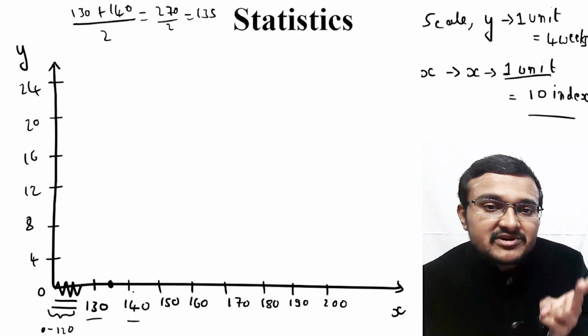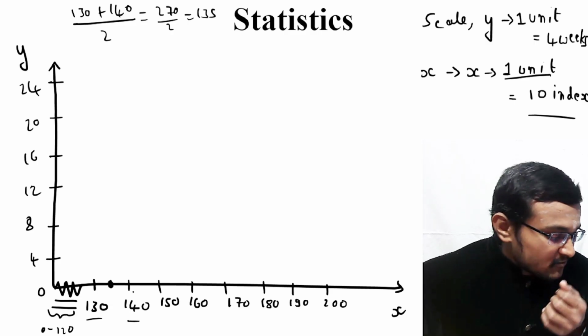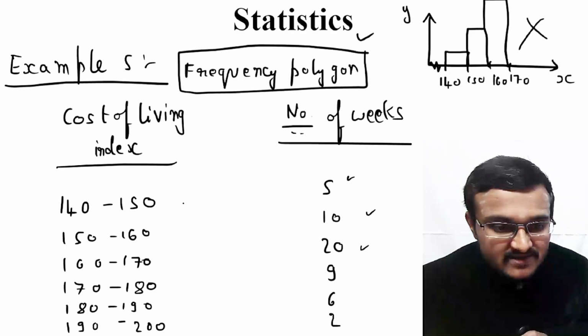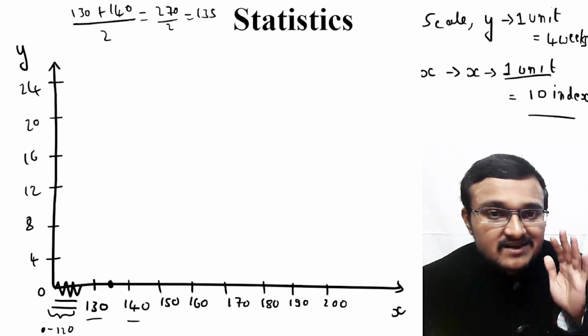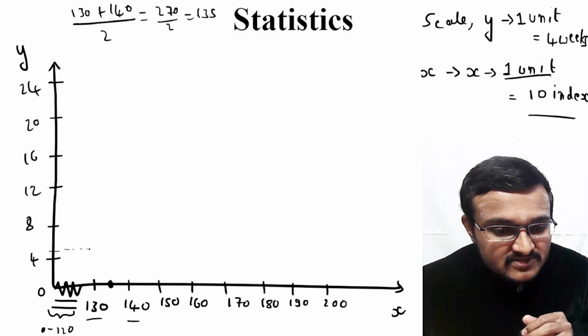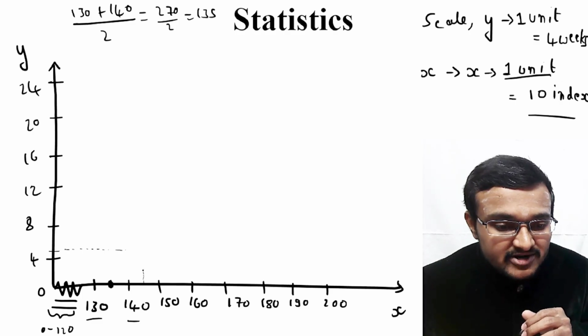The second point will be between 140 and 150, that is 145. In 140 to 150 we have 5 number of weeks, so frequency is 5. So 5 means it will be somewhere here, and 145 is between 140 and 150.